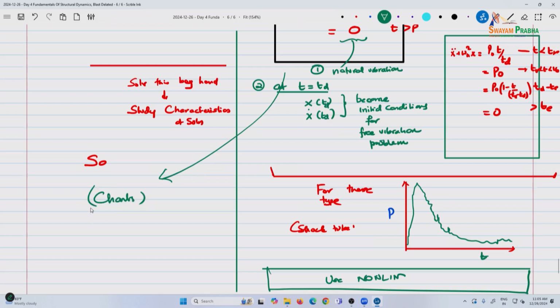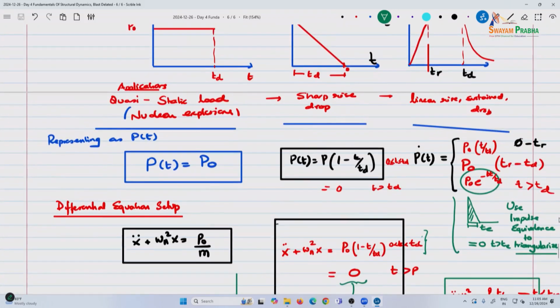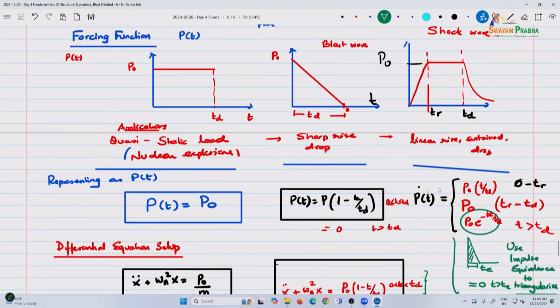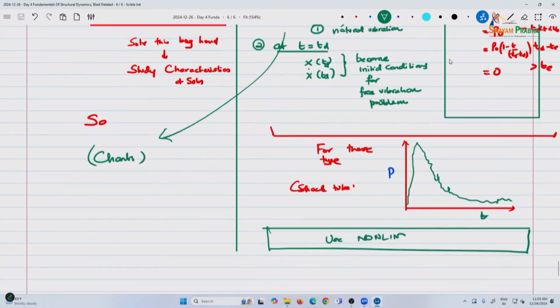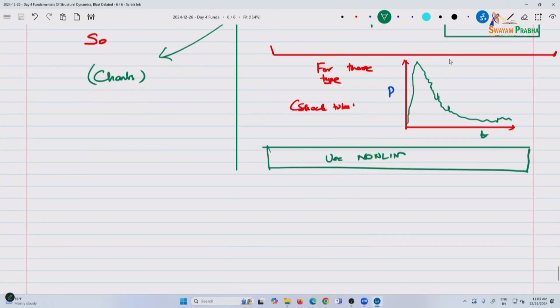Before nonlinear existed, or there are others, you can develop your own also using numerical integration procedures for differential equations. And then we will study how to use charts for scenarios like this, or even a scenario like this one, all three cases, and then solve some problems in the second session.